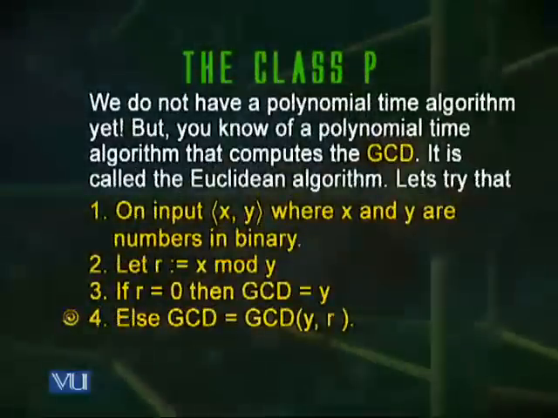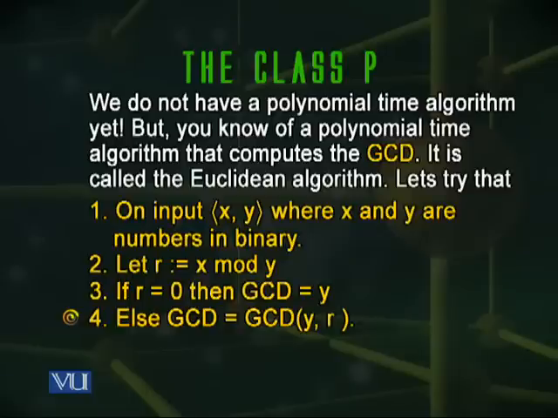So let's review the Euclidean algorithm. This algorithm takes input x and y, two numbers, and then it computes the remainder of dividing x by y. So r is set equal to x mod y. If the remainder is 0, which means y divides x, then the GCD of x and y is of course y.